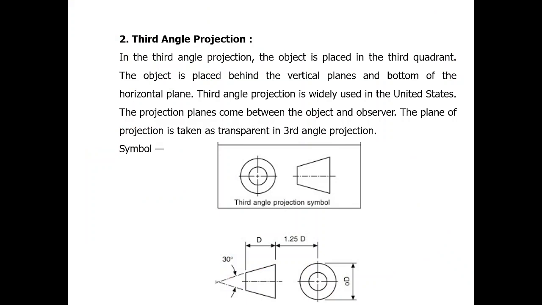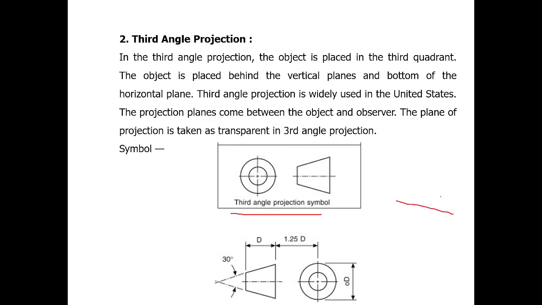Now in third angle projection, if you make any drawing in the third angle, at the drawing corner you have to draw this third angle projection symbol. In third angle projection, the object is placed in the third quadrant, behind the vertical plane and below the horizontal plane.